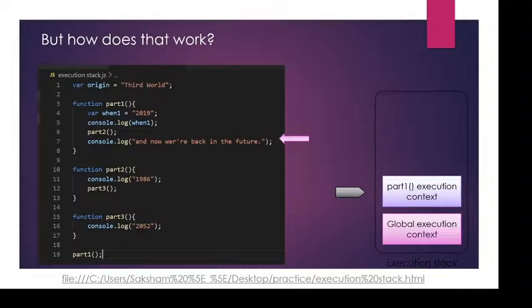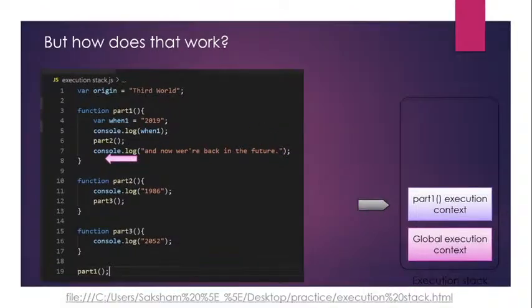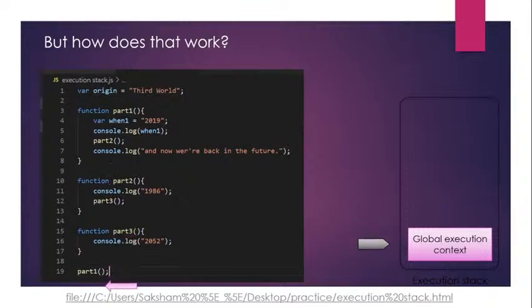So it will be executed, and the function part 1 ends. So now that we are done with this, we're going to leave the part 1 execution context. And now that we're done with our function, the whole code, because our whole code just exists with the part 1 function right here, we are now back again in the global execution context.